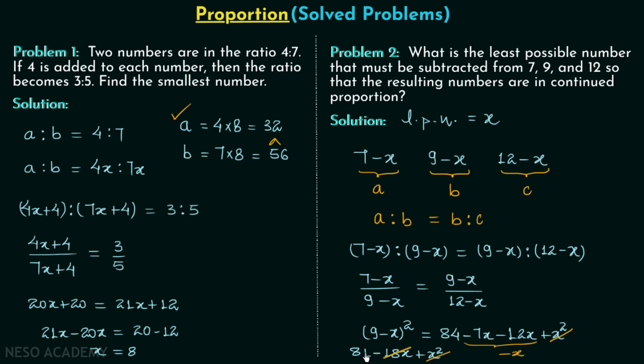Here we have 81 and here we have 84, so we will have minus 3 on this side. So minus x is equal to minus 3, so we finally have x equal to 3. So the least possible number that must be subtracted from 7, 9 and 12 so that we have continued proportion is equal to 3. So this is the answer of problem 2.